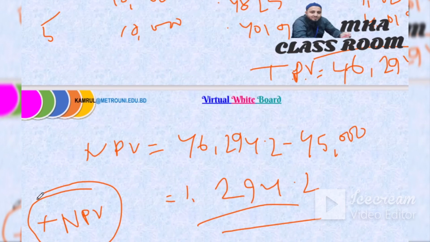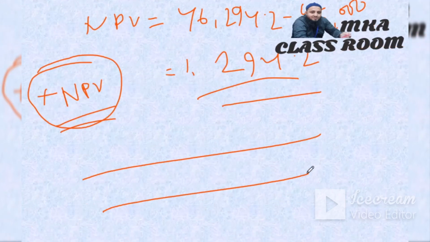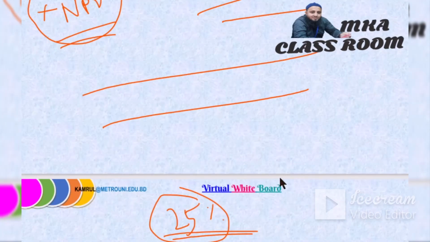That's why we have to change our discount rate again to 25% for finding a negative NPV.